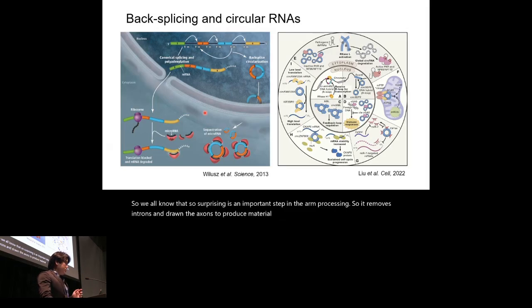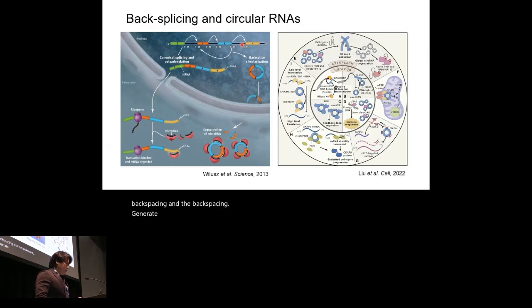But there's also a special form of splicing, which removes all of the upstream and downstream sequences as introns and joins the exons in the opposite direction compared to the canonical splicing, which we call back splicing. And back splicing can generate RNA molecules in the shape of a circle, which we call circular RNAs.